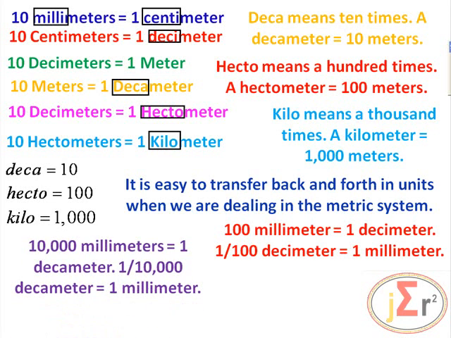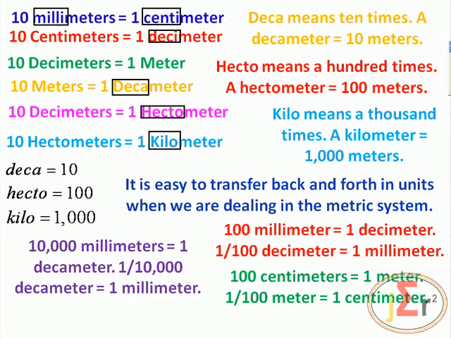So if we multiply by 10 to go in one direction, to go in the opposite direction, what do we do? We divide by 10. So we have 10,000 millimeters is equal to 1 decameter. So if we have 1 decameter, to get 1 millimeter, we will have to divide that by 10,000.